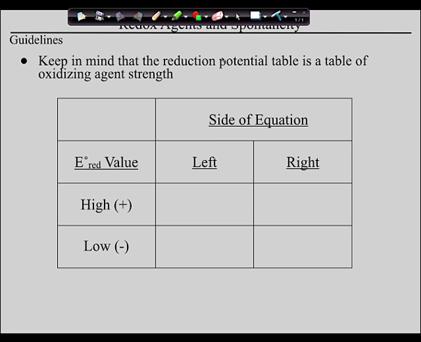So if they have high reduction potentials, what does that mean they're going to be very good at doing to other things? Oxidizing them. So guys, these are your strong oxidizing agents. I would write that down in this white space. These are your strong oxidizing agents.